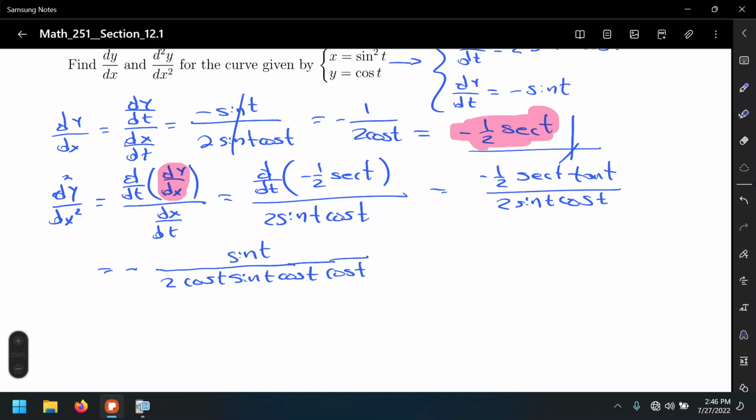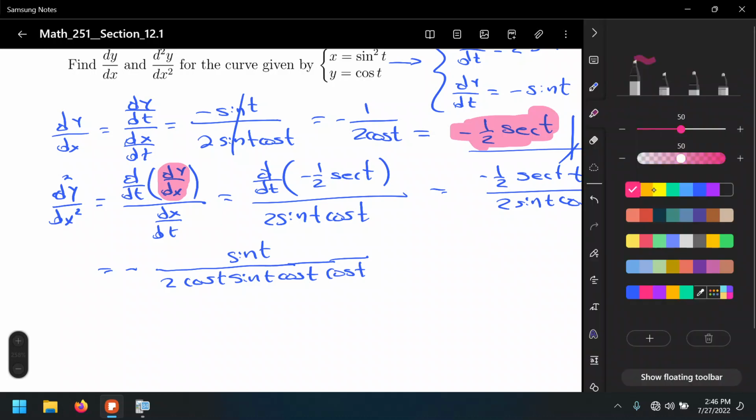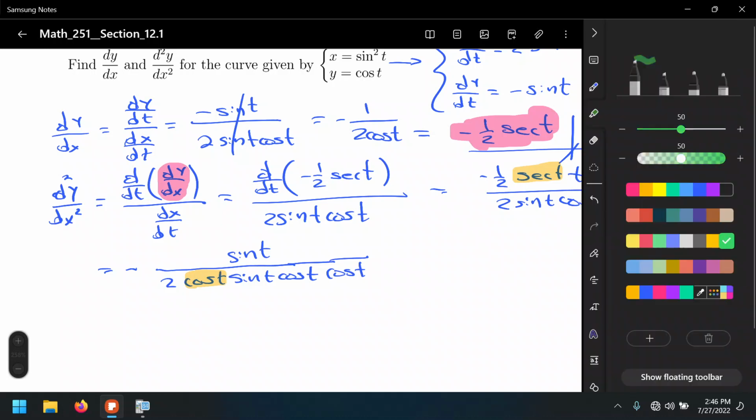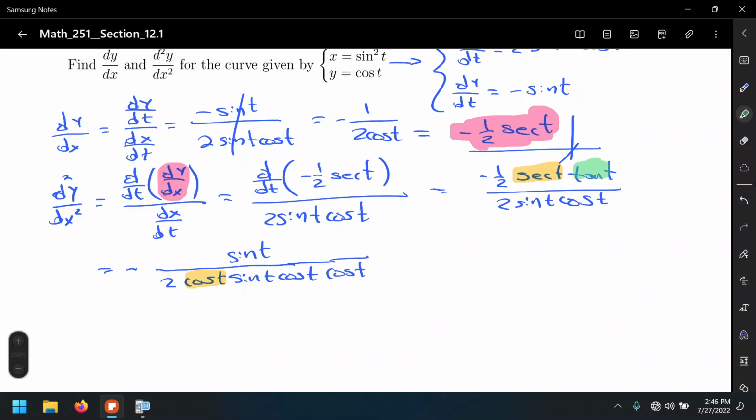Let me color code this so you can see where these are coming from. This secant right here is becoming this cosine in the denominator. All good? And on the other hand, this tangent is becoming the quotient sine over cosine.